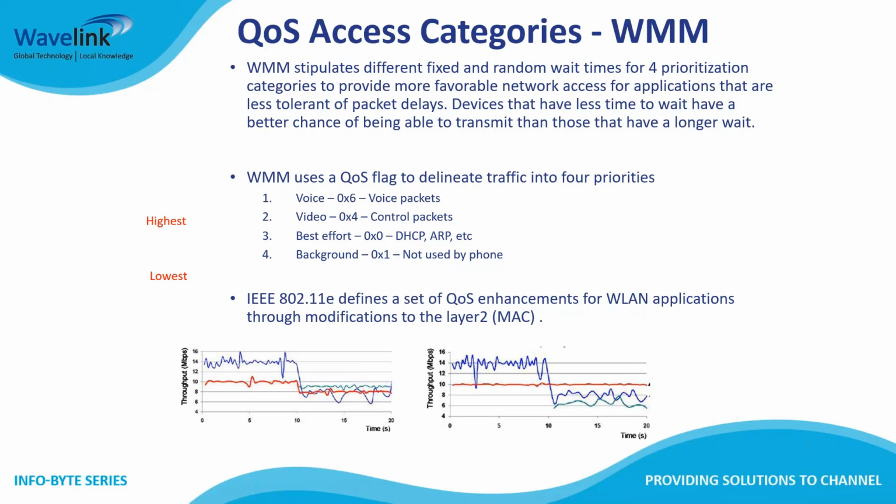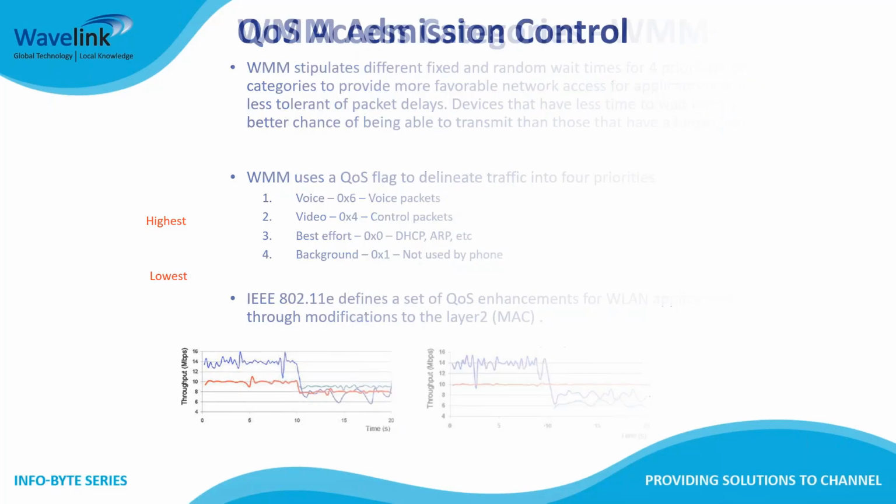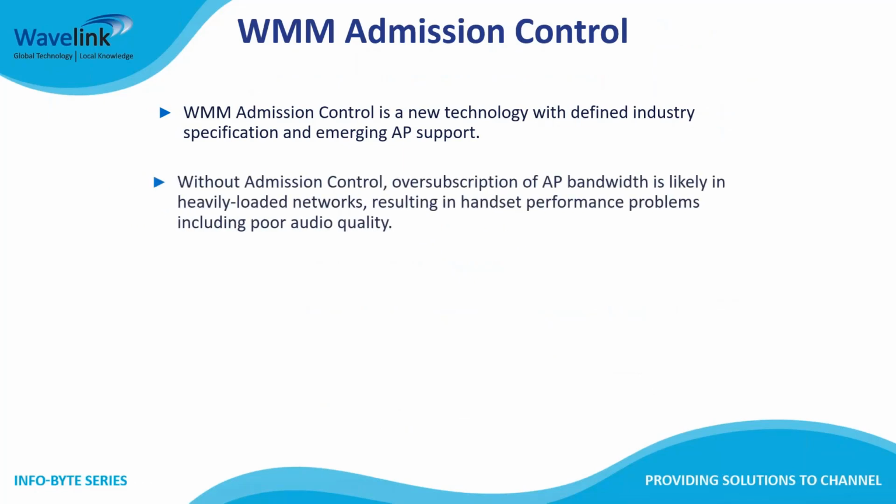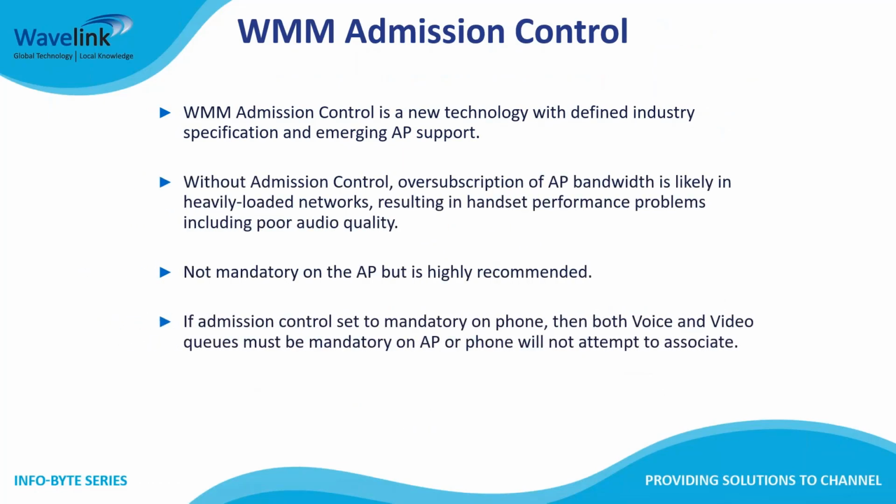Obviously video is always secondary because if you're doing a video call, that needs good prioritization. Best effort and then background is definitely not used by your phone, but that would be sending emails and general web browsing, etc. So your admission control itself, new technology that defines industry specifications on emerging AP support. So it's not mandatory, the AP, but it's highly recommended as well.